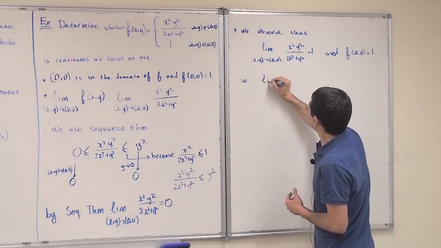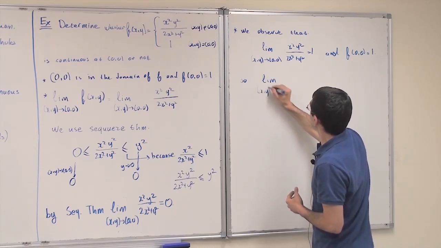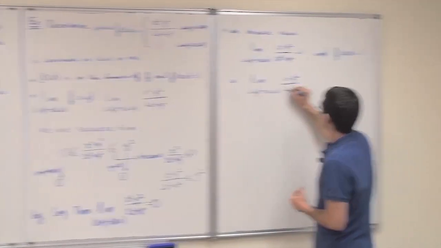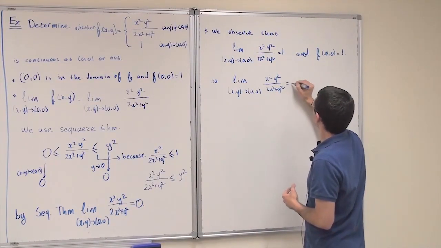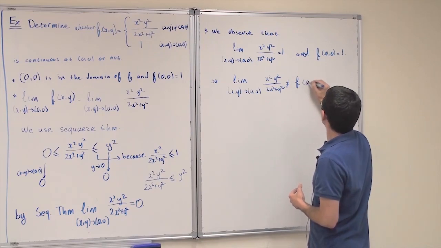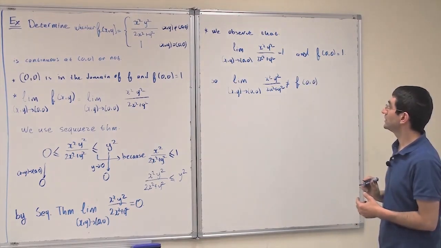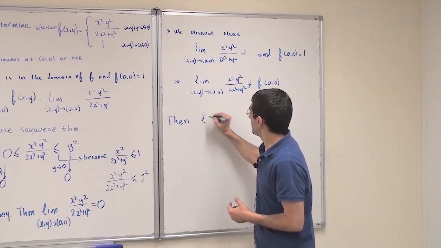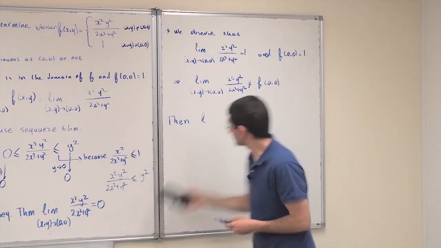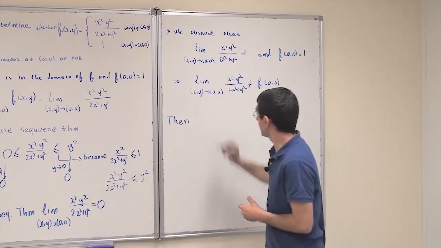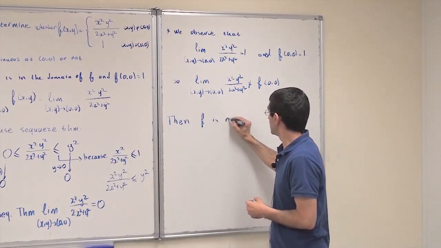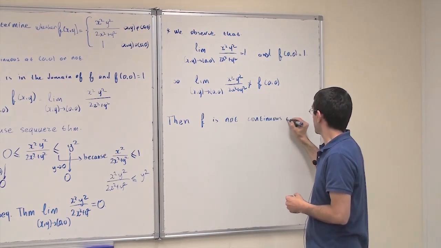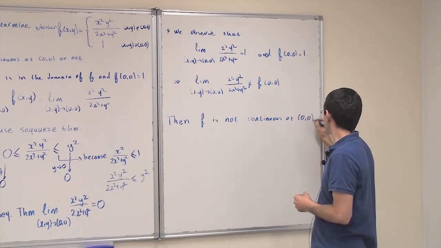So the limit is different than the value of the function at the limit point, and then f is not continuous at the point (0,0).